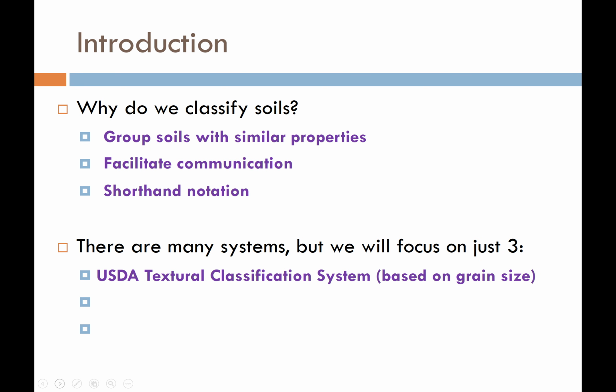This was the very first system that engineers started using, and they started using it because it was already in existence. The problem with this system was that it was developed for growing things like corn or beets or tomatoes, but it wasn't necessarily designed for engineering. And so what we ended up seeing was there were classifications for silt, for clay, and for sand, but there was nothing in there to describe gravel.